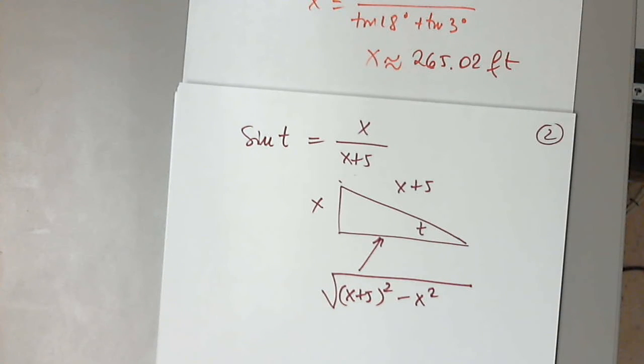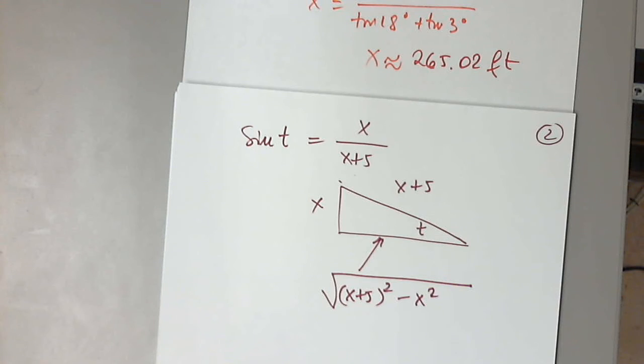So are we okay so far? So the opposite over the hypotenuse. And now I wrote the Pythagorean theorem, and I determined the leg that is unknown as x plus 5 squared minus x squared. Is this okay?